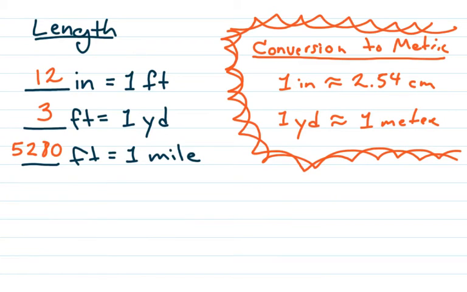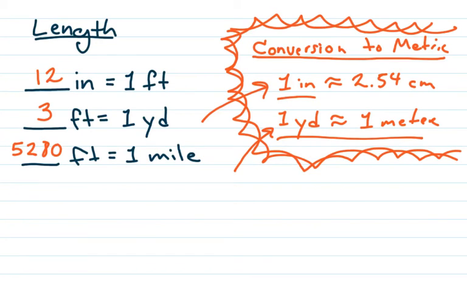Okay? As far as conversion to the metric system goes, these are the 2 I want you to memorize. I really want you to use 1 inch is equal to 2.54 centimeters. That's a little bit more accurate. A yard is not exactly a meter, but I think that's a really convenient one to use if you're really estimating. But if you're doing your unit conversions, I want you to use a slightly more accurate one.